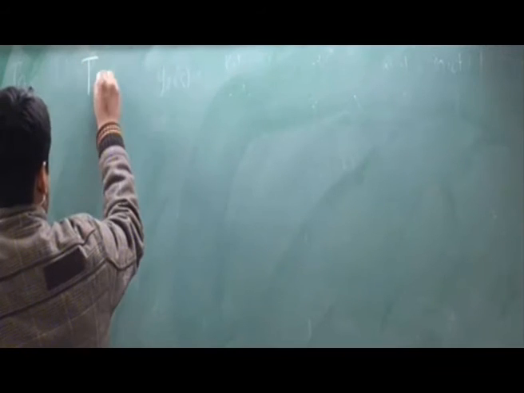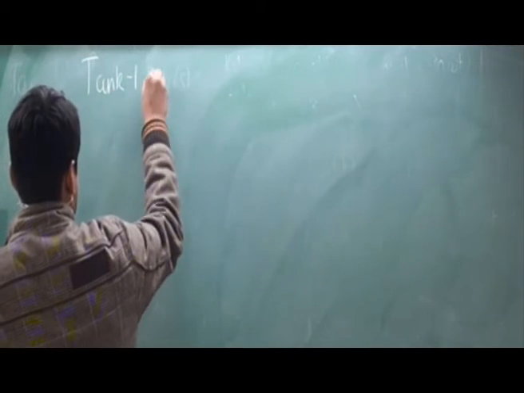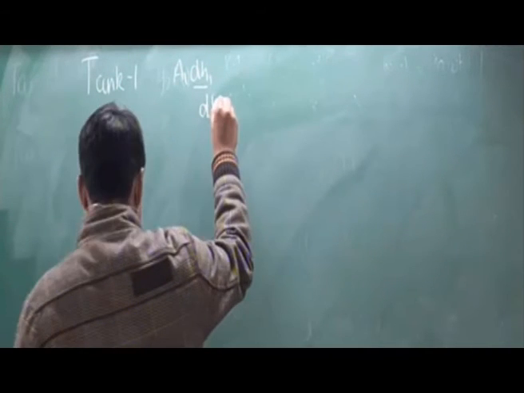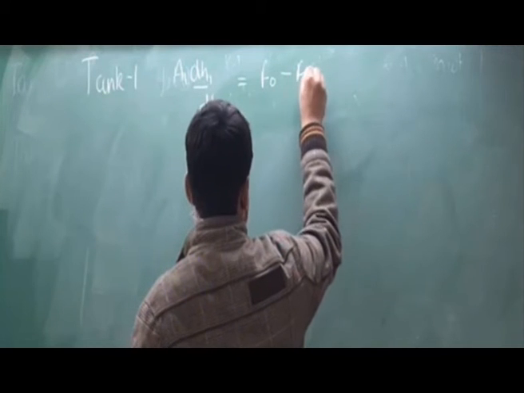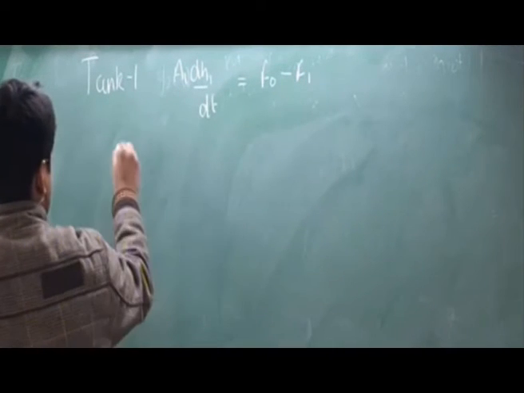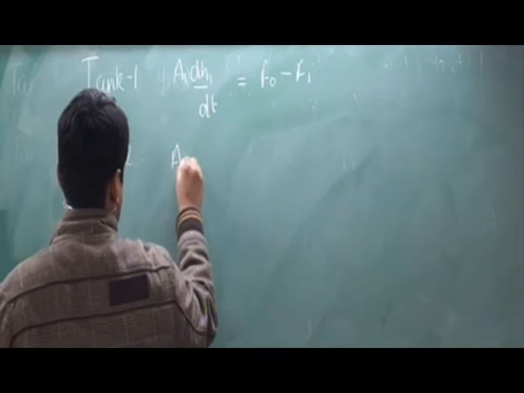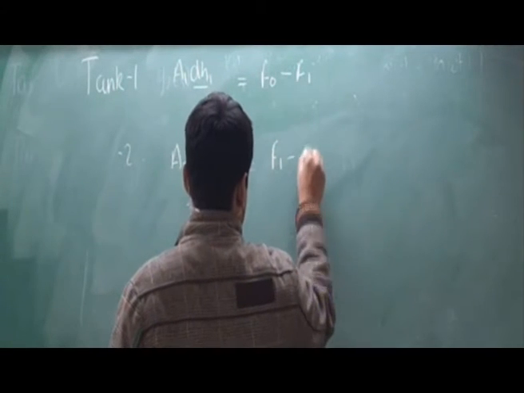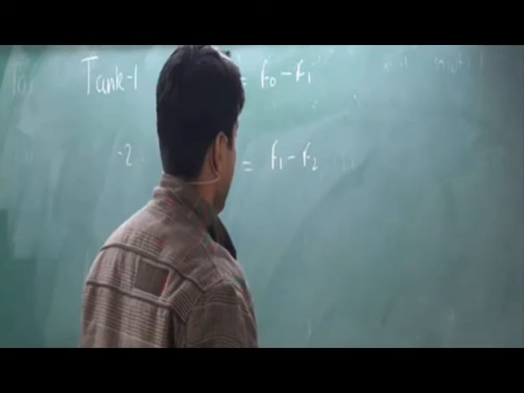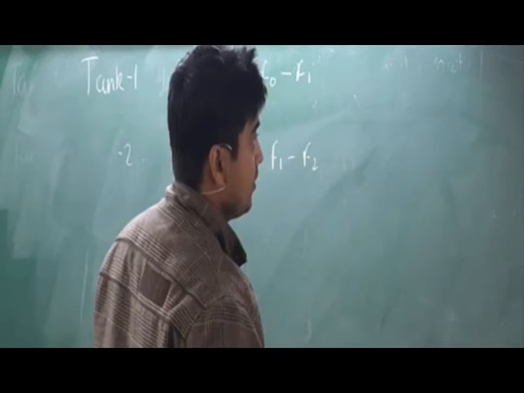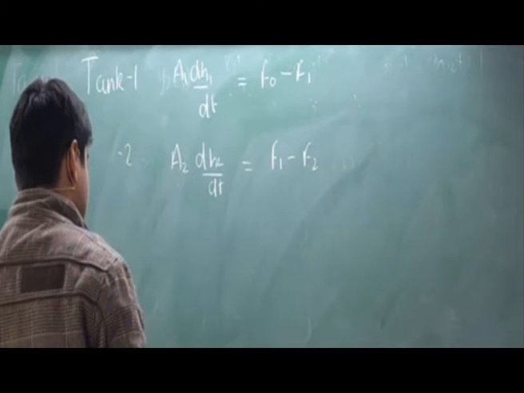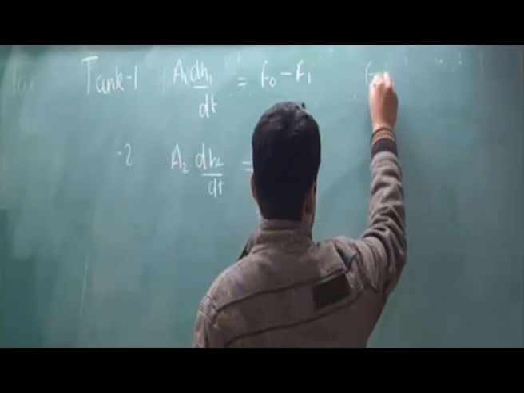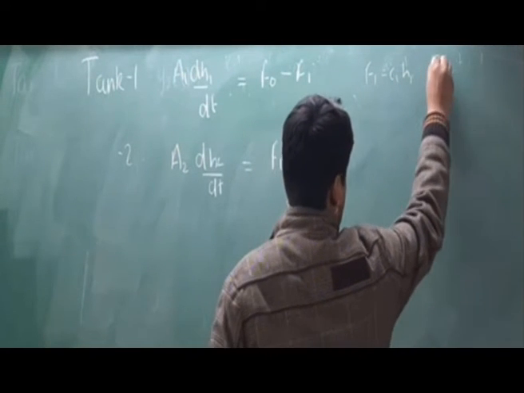Similarly, for getting the differential equation for both the tanks, for tank 1 it is given by, and for tank 2, okay, and these F0, F1, F2 are the flows already mentioned in the figures, but here the expressions are going to change, because earlier we have seen that F1 was given by only C1 of H1 in the case of the non-interacting system.